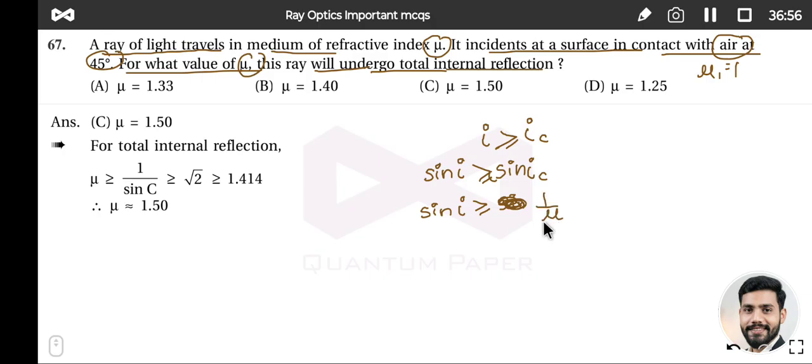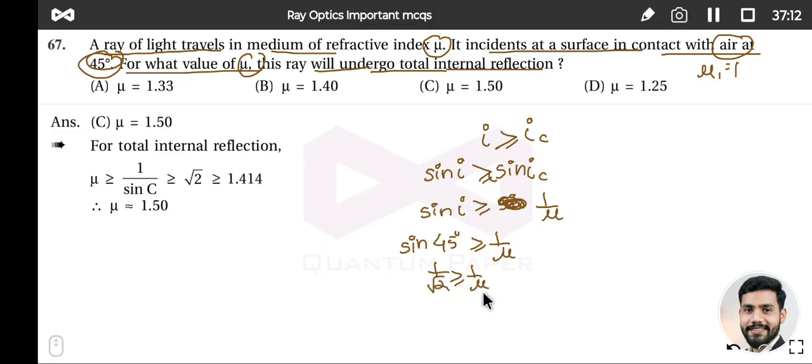The angle of incidence given is 45 degrees. So sine 45 is greater than or equal to 1 upon mu. Sine 45, which is 1 by root 2, is greater than or equal to 1 by mu. If we cross multiply, mu must be greater than or equal to root 2. So the refractive index mu must be greater than or equal to root 2.